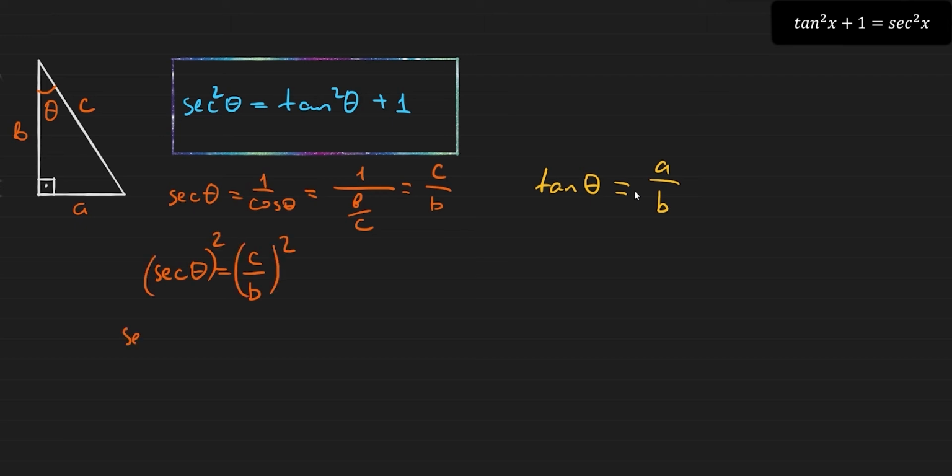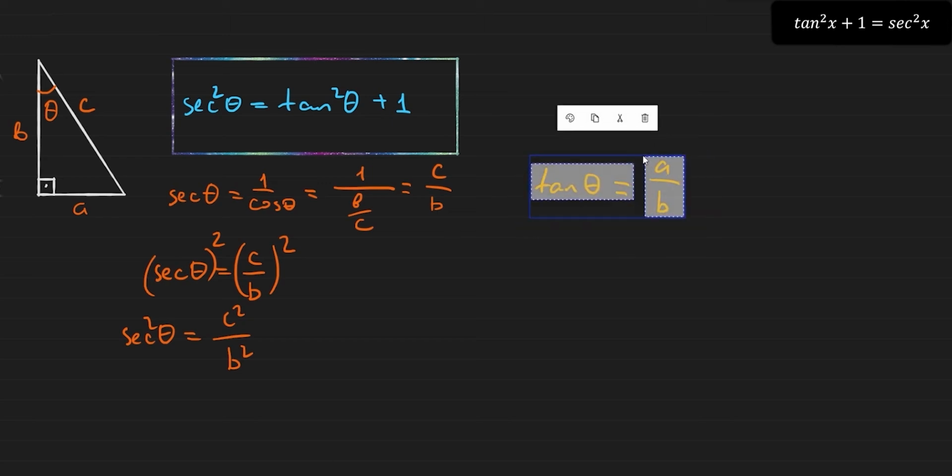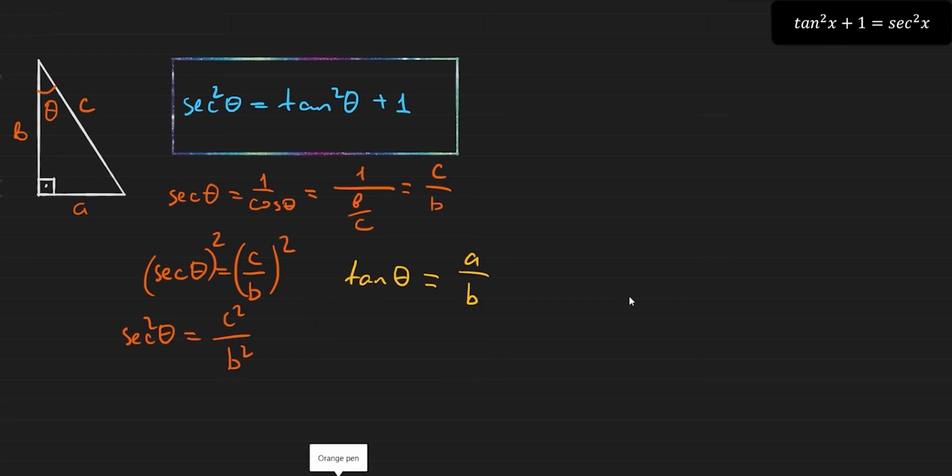And from this we get secant theta squared equals C squared over B squared. And here, let me take this and move it here. And we can square both sides and say that tangent theta squared equals A squared over B squared.